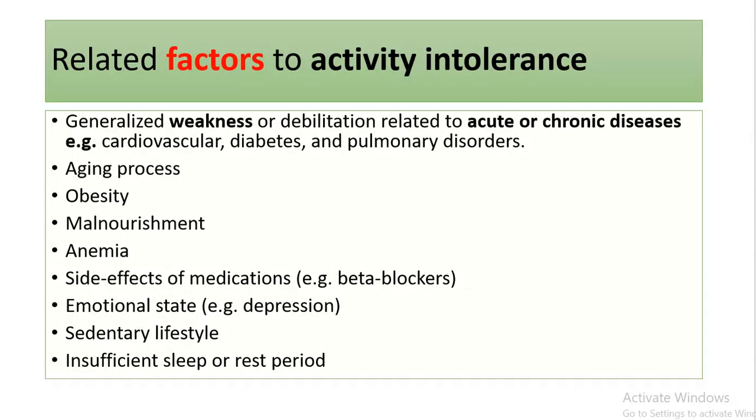So, a related factor to activity intolerance is generalized weakness or debilitation related to acute or chronic diseases. Diseases like cardiovascular disease, diabetes, and pulmonary disorders can create activity intolerance for patients.